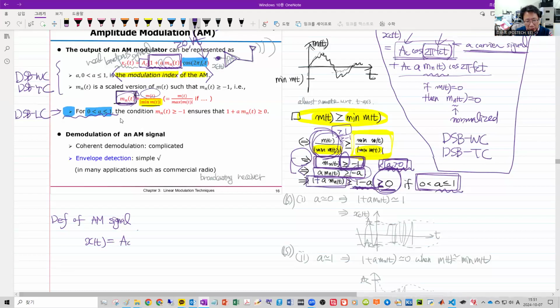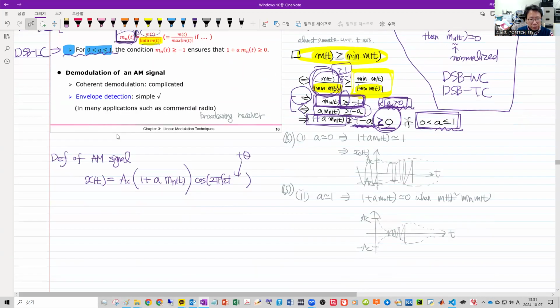Some constant times 1 plus the modulation index of AM times the normalized message signal, times the carrier. You may put some plus theta, but it doesn't matter. For convenience, let's say theta equals 0. And here, A is less than or equal to 1 and greater than 0.